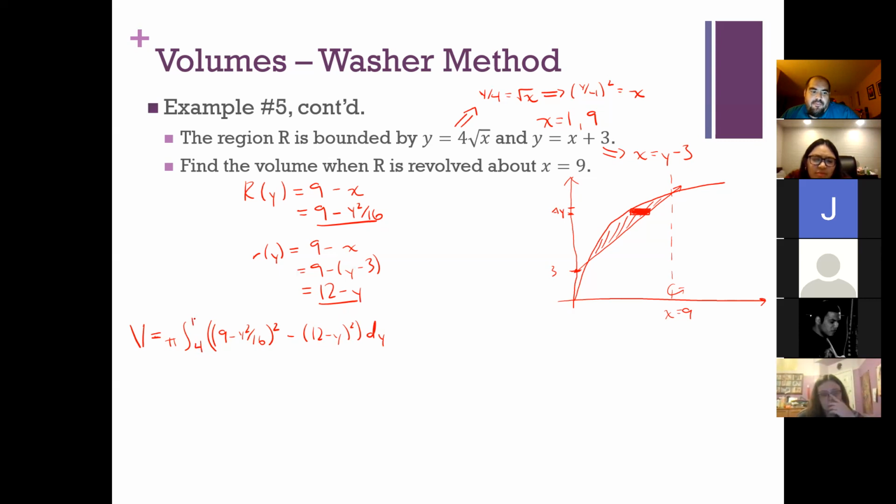4 and 12. And Mona Lisa, how did you get those new limits? When you plug the x into the original, for either of them, since they intersect at the same place, you do 1 plus 3 would be 4, and then 9 plus 3 would be 12. And that's exactly it. So this integral now should be perfect. Any questions before we go any further? Any questions for how we got here?